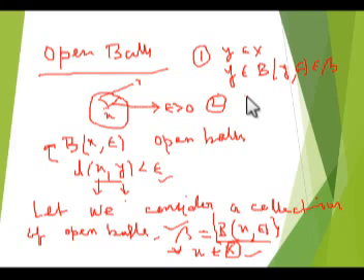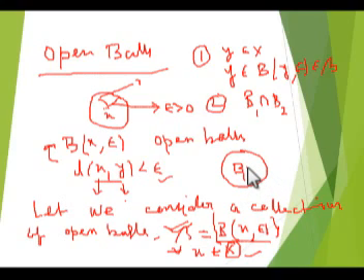b1 and b2, both belonging to the basis, the collection of open balls, and intersect them. If we draw a picture, here I am taking an open ball b1 at the point x, which has radius delta 1, less than epsilon.